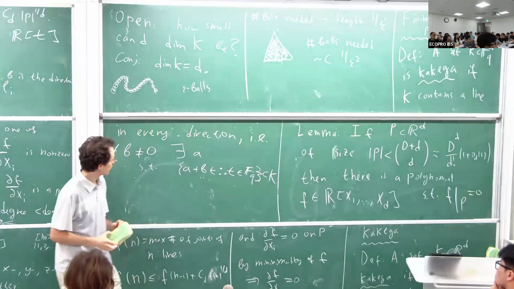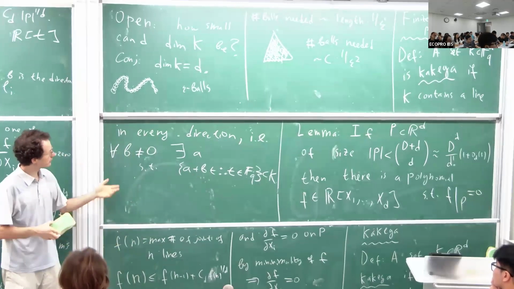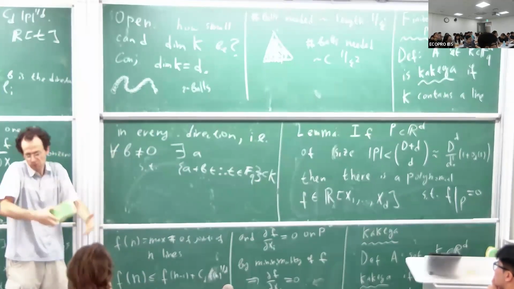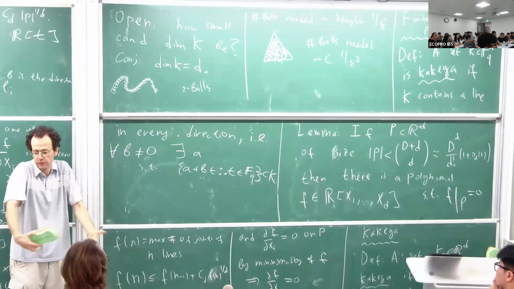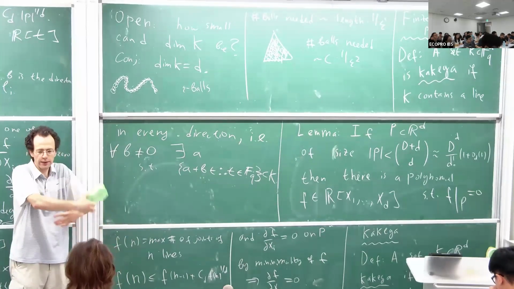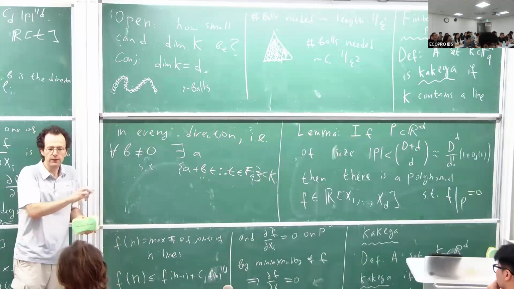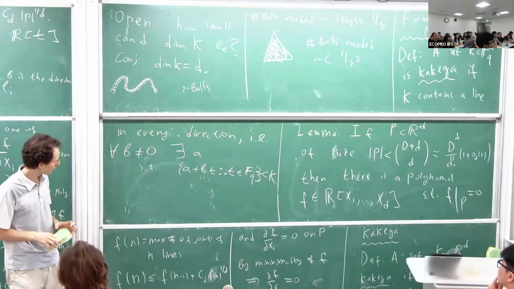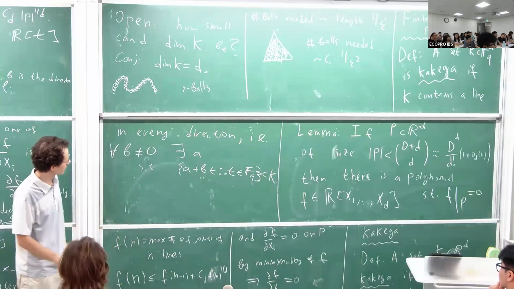Note that the lines in the finite field have just finitely many points, they have only q points. So it's kind of an analog of a fixed length line segment. Okay, so this is the definition of a Kakeya set.